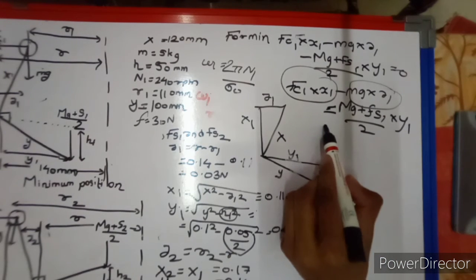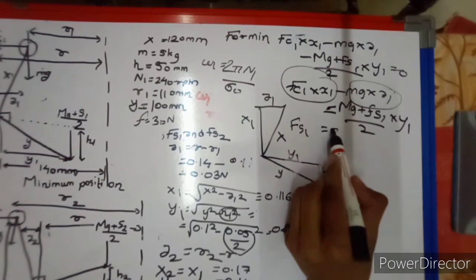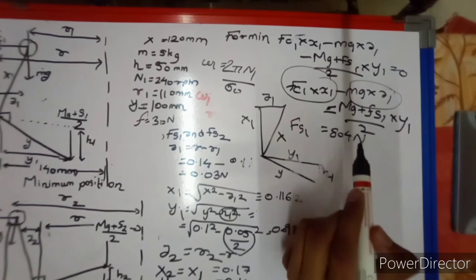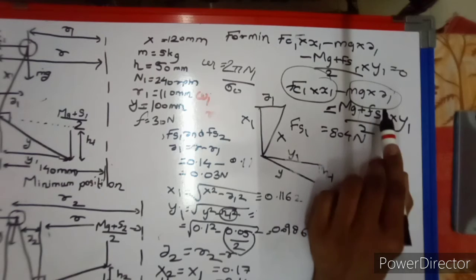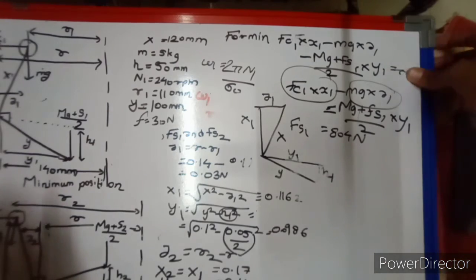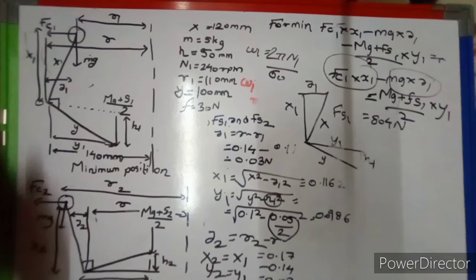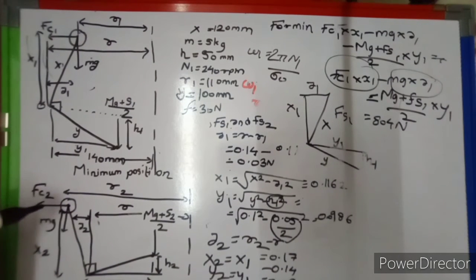You will get Fs1 is equal to 804 Newton in terms of Fs1. Similarly, in terms of Fs2, here the only difference, see, here the only difference is, see, I will tell you.